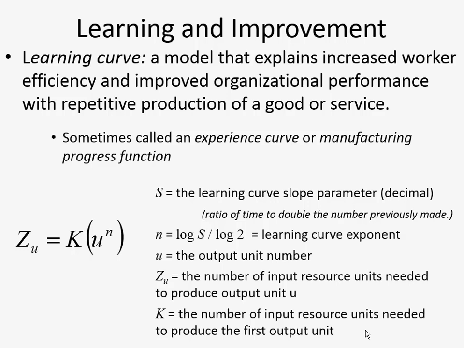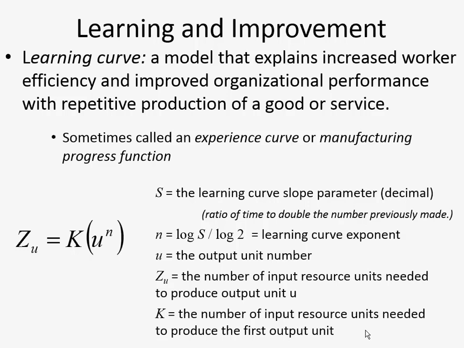Once you have that, you calculate this exponent n by just taking the log of S and dividing it by the log of 2. And that's what we call the learning curve exponent. U is going to be, if we're trying to find out how much time it takes to make, like the 100th pair of pants, then U would be 100.